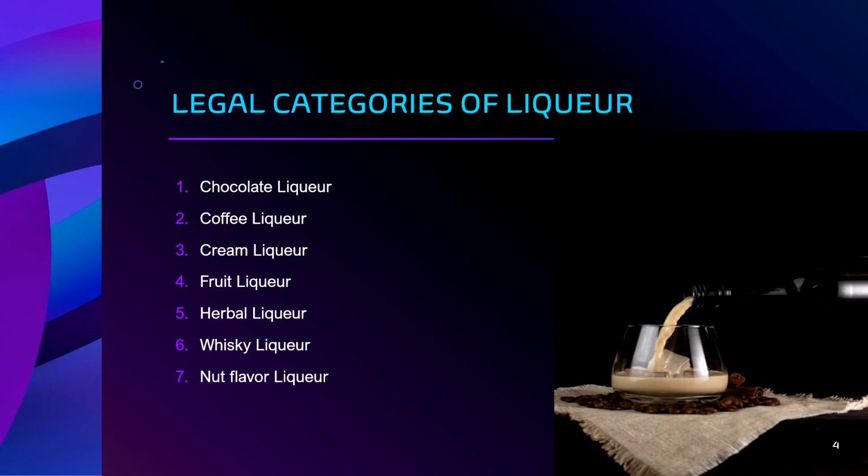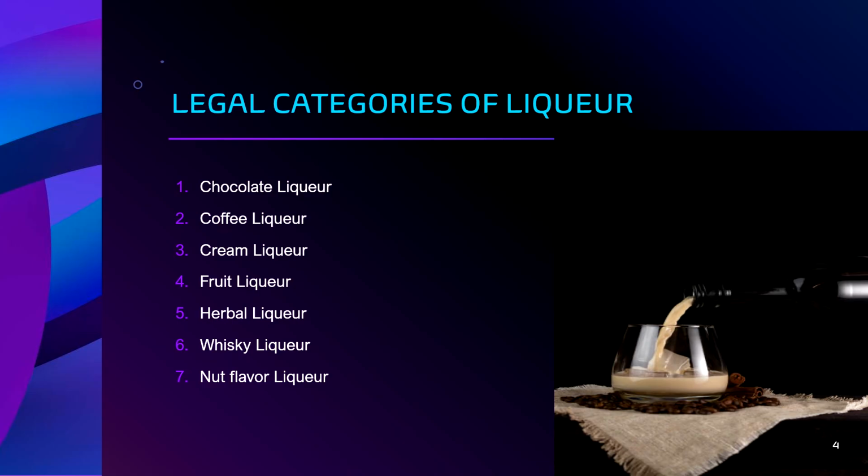So some of the categories of liqueurs, the first one is chocolate liqueurs. These are liqueurs infused with rich chocolate flavors, often creamy and sweet. An example is the Godiva chocolate liqueur.